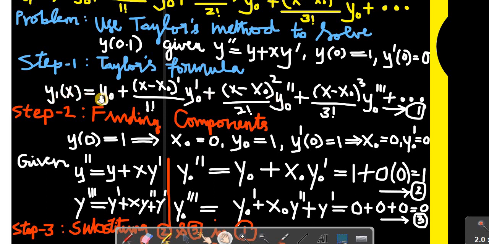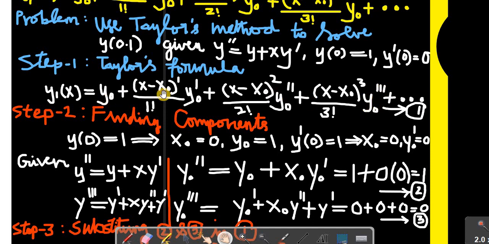So we have to find y naught, x naught, y dash at x equals 0, the second derivative of y at x equals 0, and the third derivative of y at x equals 0.